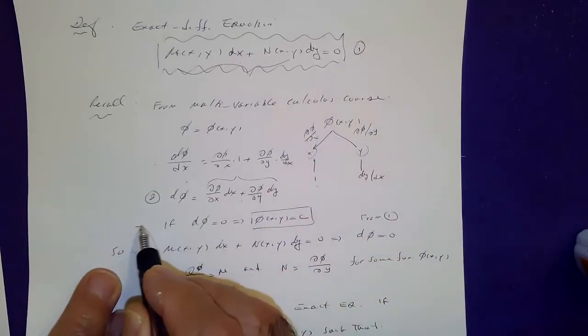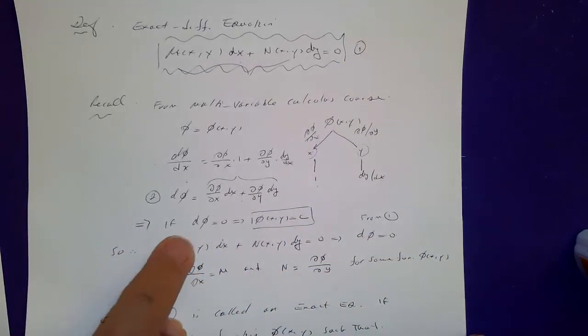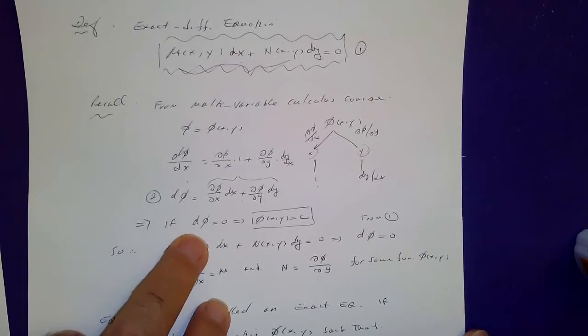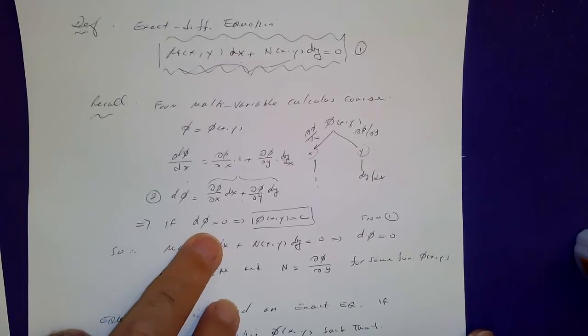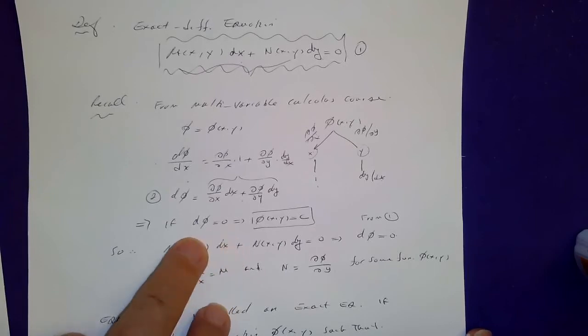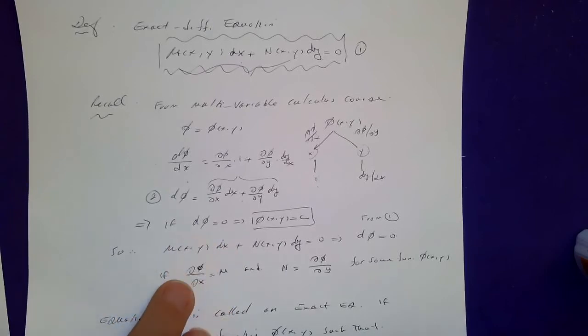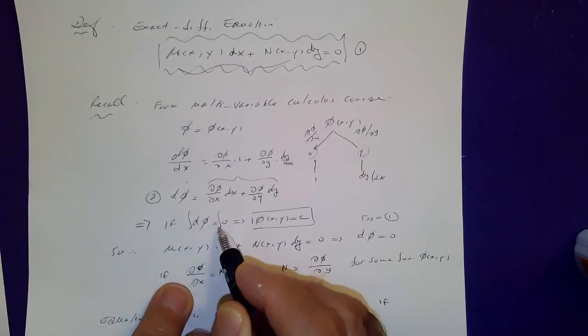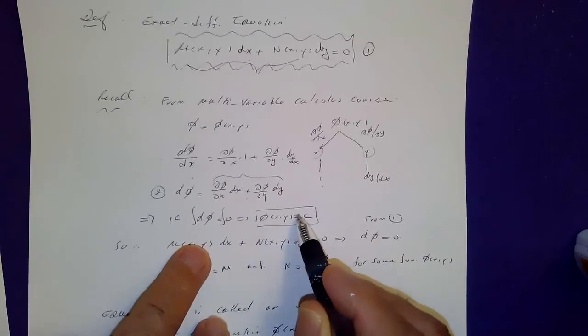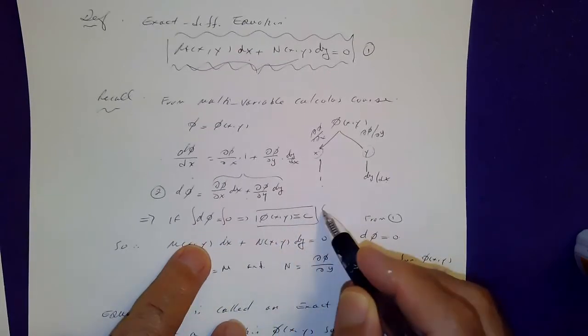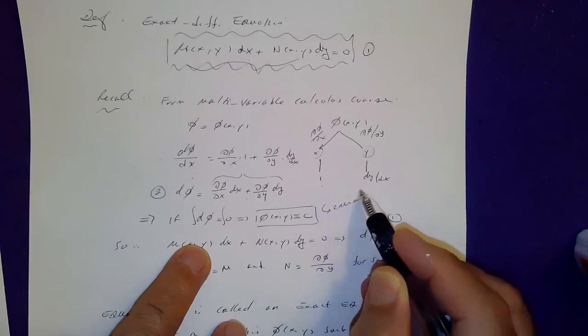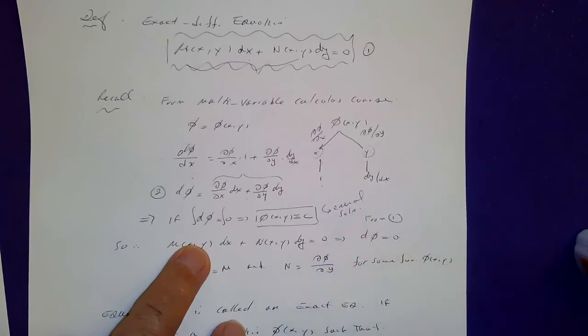So we can conclude that the differential of phi, or the derivative, I should say, is 0. If you integrate both sides, you get phi is equal to what? C. This is basically how the general solution of an exact equation should look.